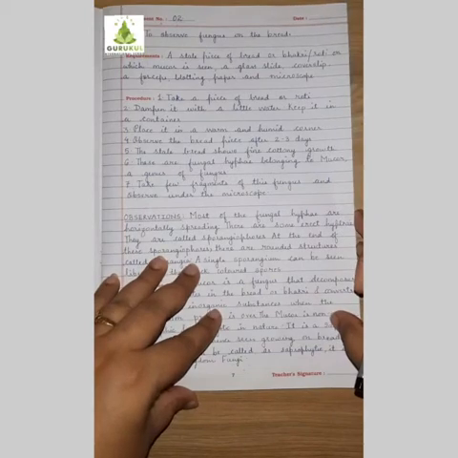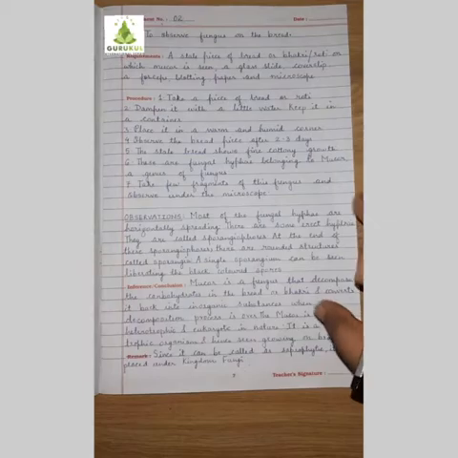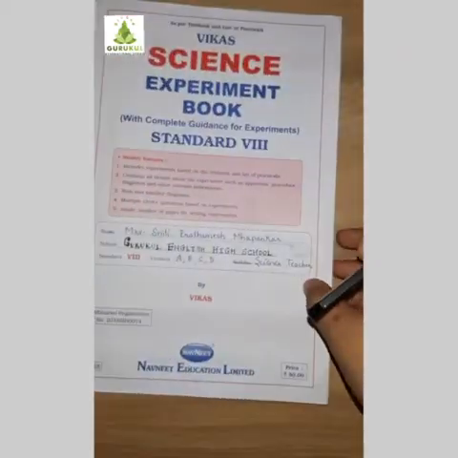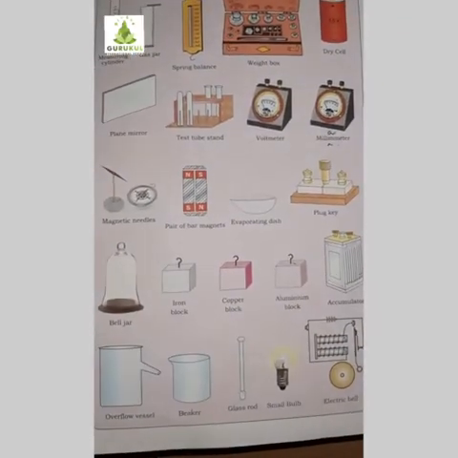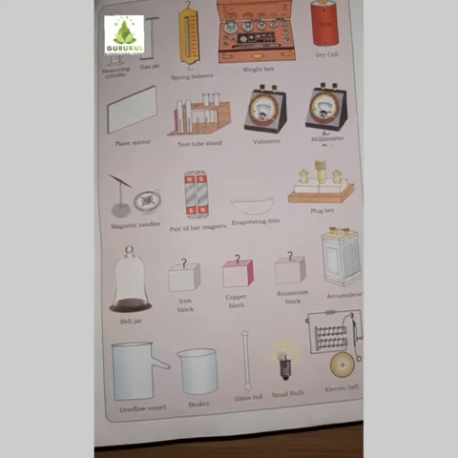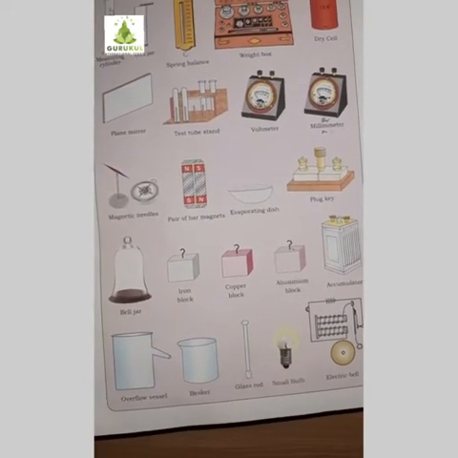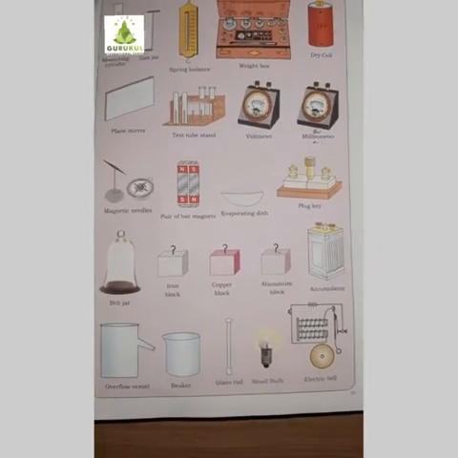Yes, are you all confident now? Okay, students, one more thing I will show you in this journal, which is very much informative. On the very first page, can you see? Different types of laboratory instruments, right from test tube stand, spring balance, we have bell jar, magnetic needles, so many things they have shown in 2 pages actually.